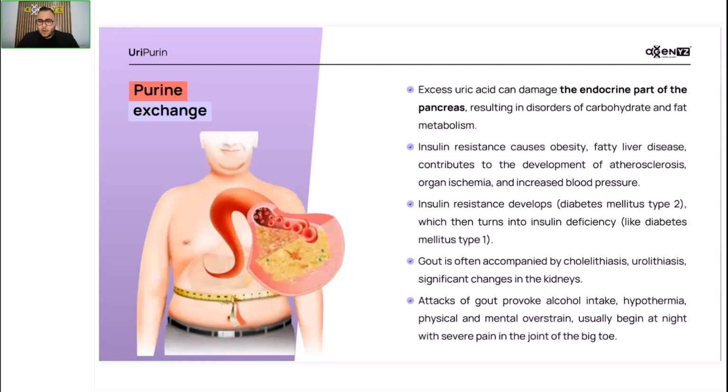Insulin resistance also develops into type 2 diabetes, which then turns into insulin-deficient, like type 1 diabetes. Gout is often accompanied by cholestasis, urolithiasis, and significant changes in the kidneys. Gout attacks are provoked by alcohol intake, hypothermia, and physical and mental overstrain, and usually begin at night with severe pain in the joint of the big toe.